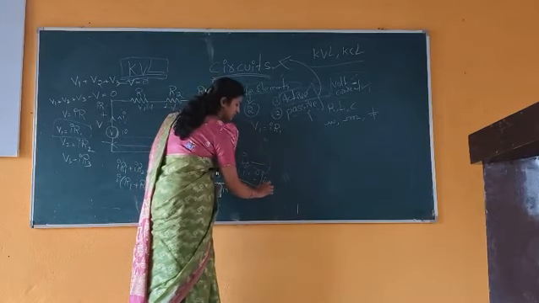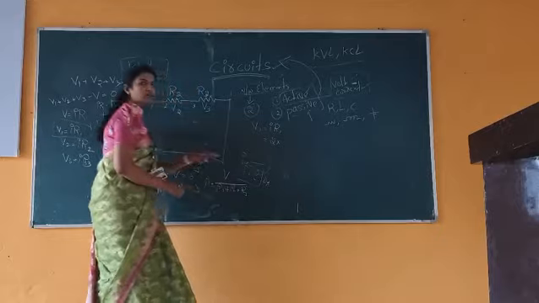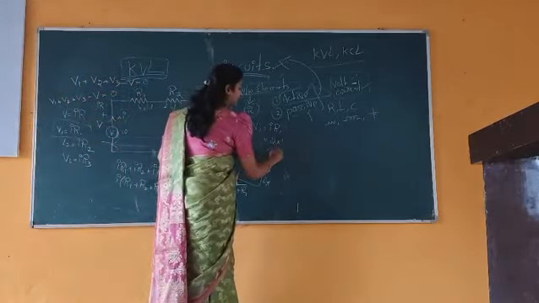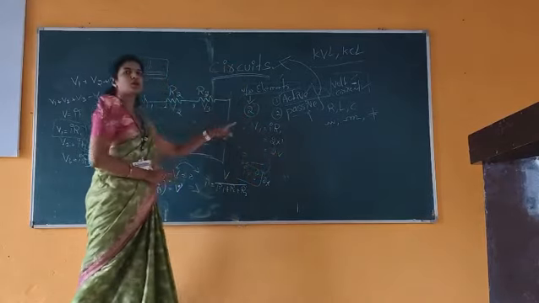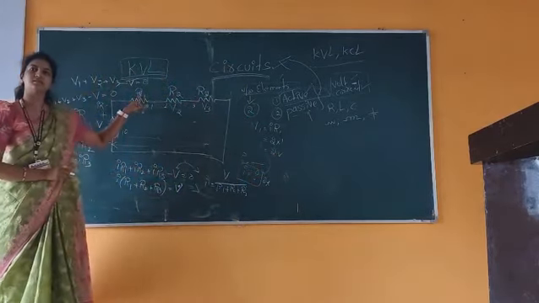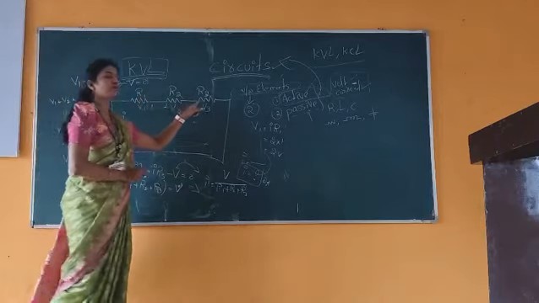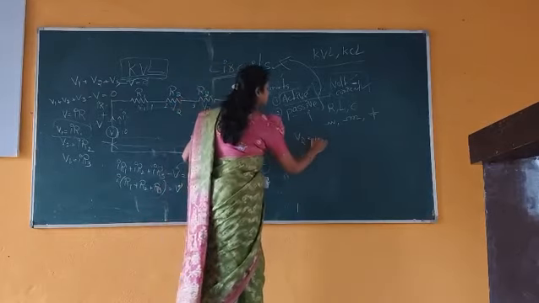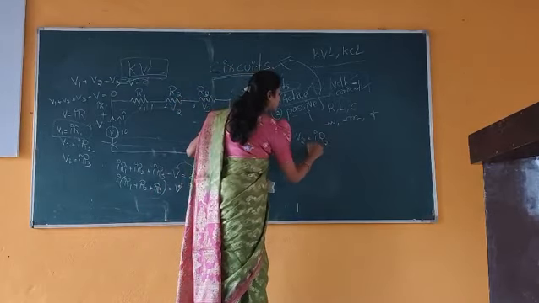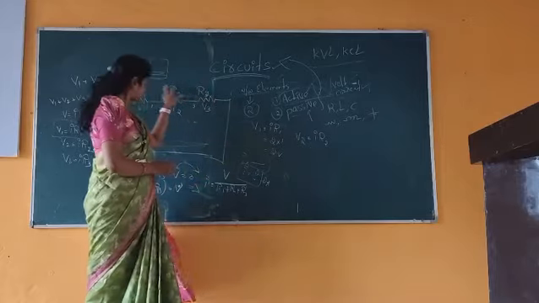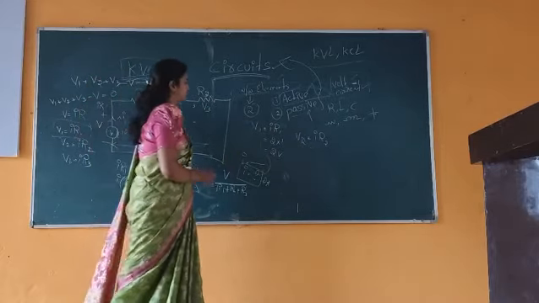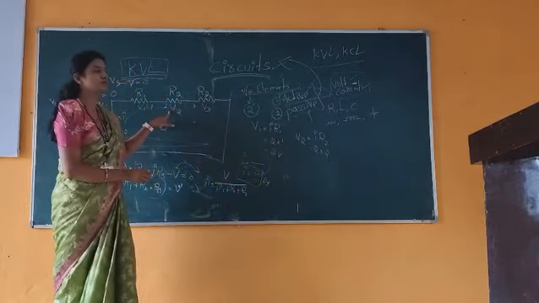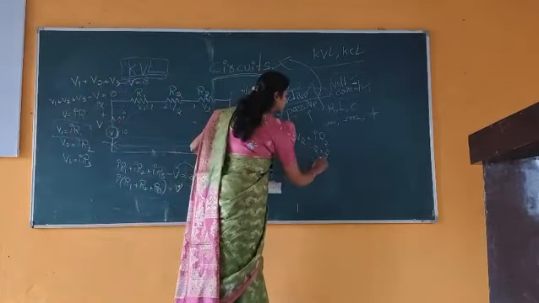Considering this as 2 amps, and assuming R1 as 1, we get 2 into 1, which is 2 volts. So the voltage drop across the R1 resistor is 2 volts. Similarly, we can find the voltage drop across the R2 resistor with the same equation, I into R2, as the current is common because this is a series circuit. 2 into 2, we get 4 volts.